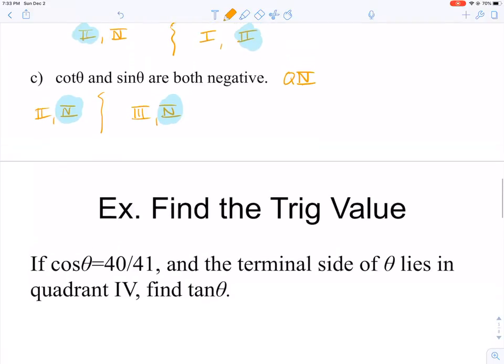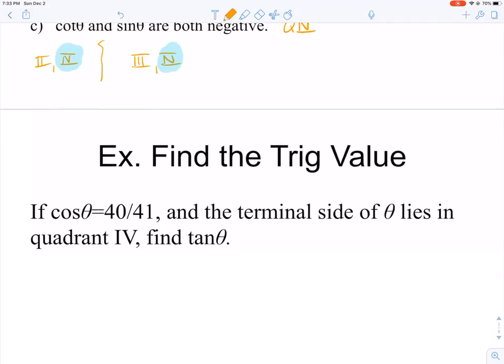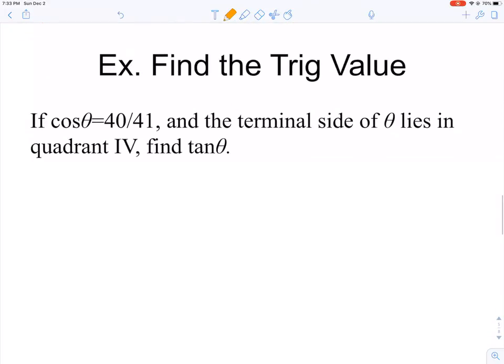Okay, and then the final type of question that I want you to be familiar with how to approach is whenever you're being asked to state what the value of a trig function is given some other information. So in this case, we are trying to determine what tangent of theta is equal to.